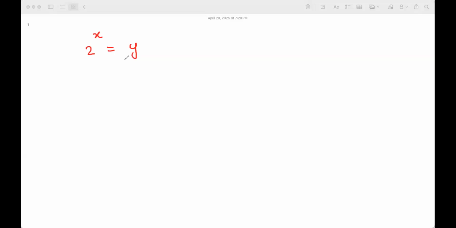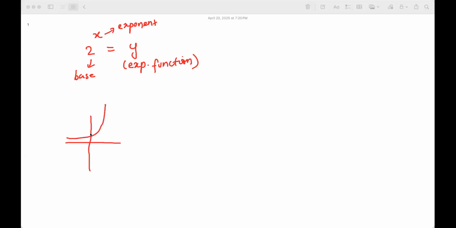So this is an exponential function, right? x is the exponent, 2 is the base. Now, this function basically looks something like this. 2 power of 0 is 1, so (0, 1) is a reference point for these functions.